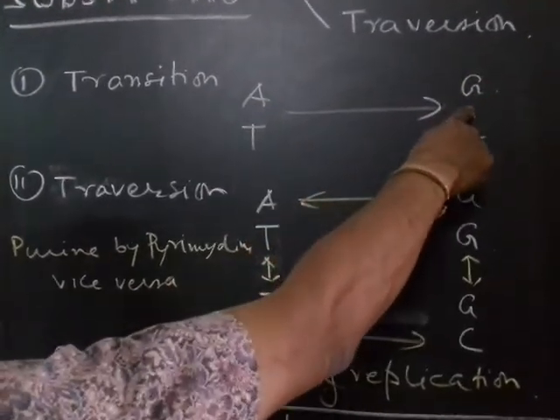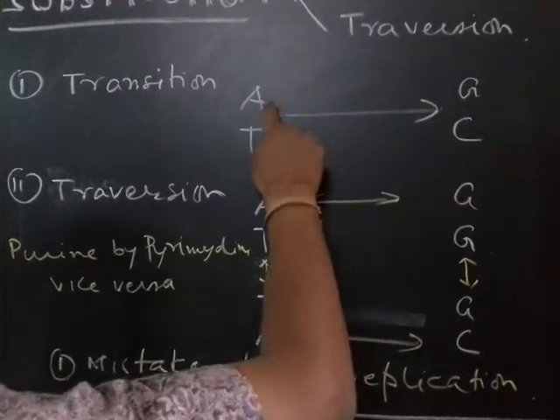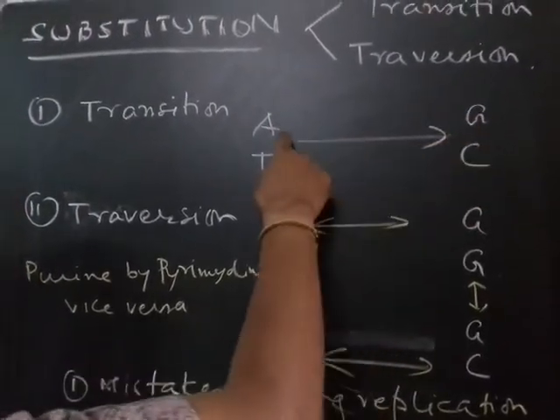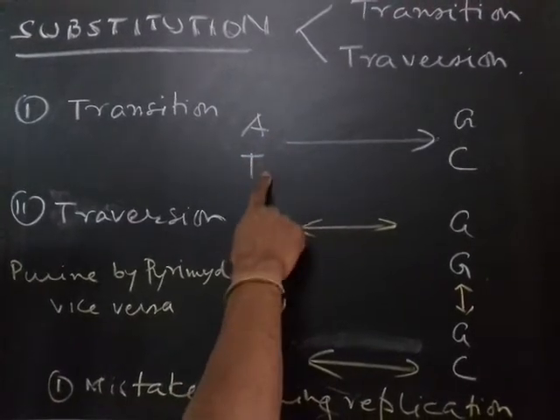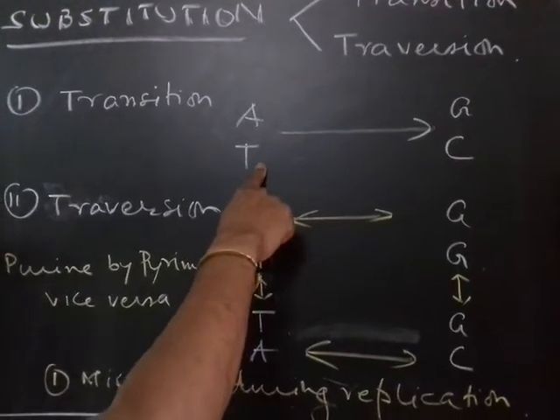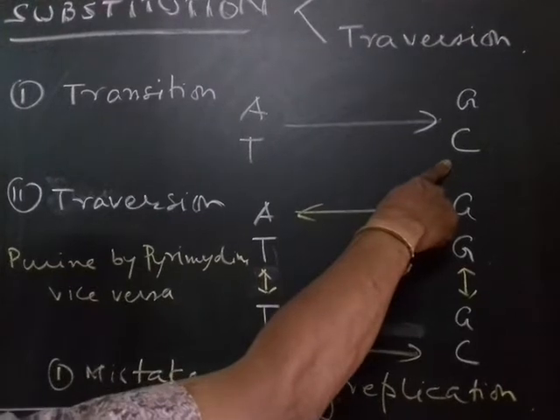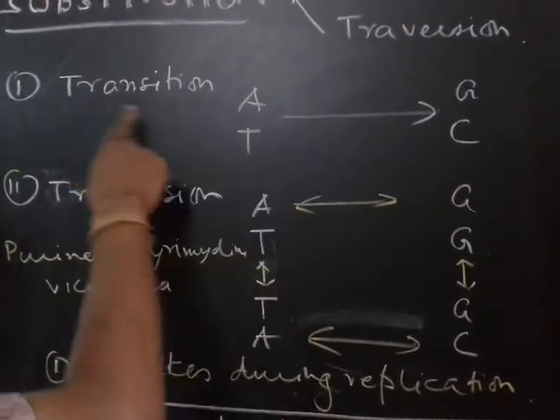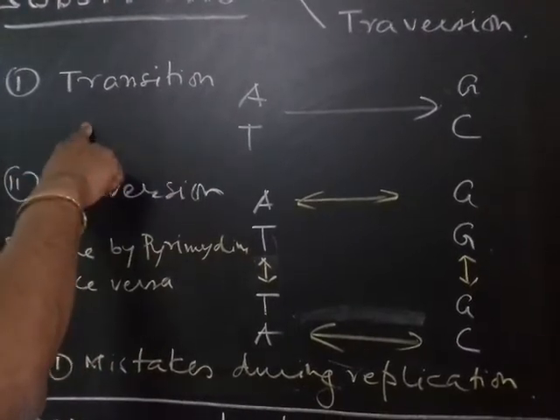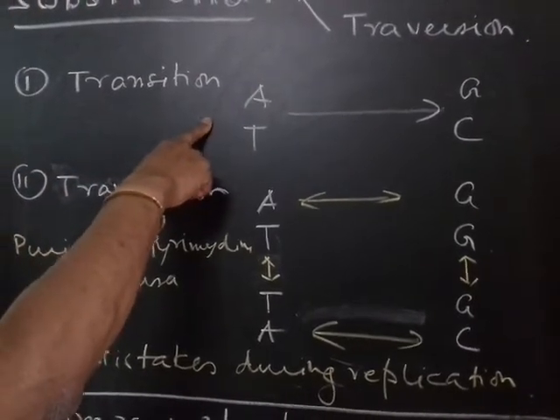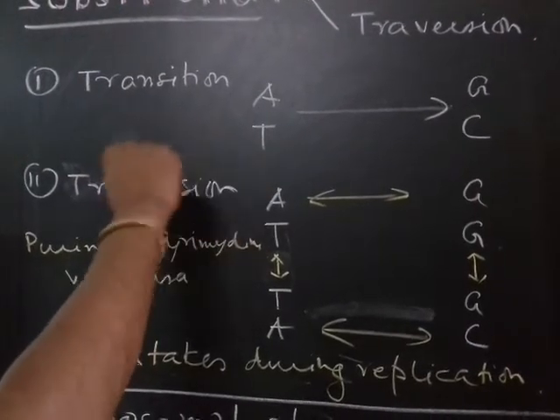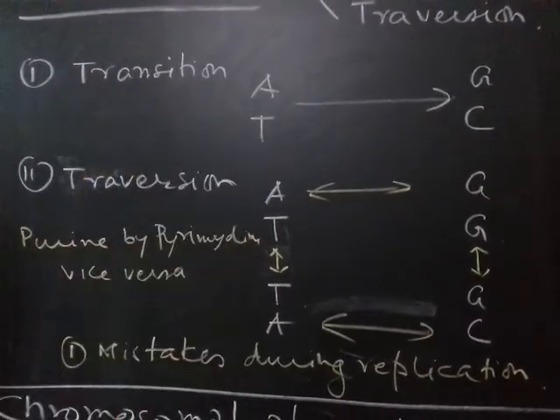So a purine is copied by a wrong purine, or vice versa, G is copied in the form of A. Or T, which is a pyrimidine, is copied by a wrong pyrimidine C, or instead of C, T is copied. So transition is if a purine is copied wrongly by another purine, or a pyrimidine is copied by a wrong pyrimidine, and vice versa.